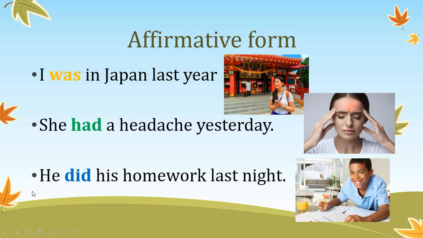With the verb to do, he did his homework last night. Look at these words: last year, yesterday, and last night. All of them express that the action was made or realized in the past time.